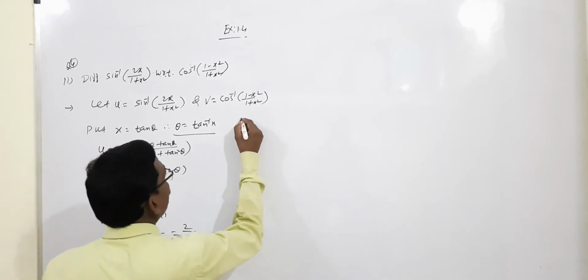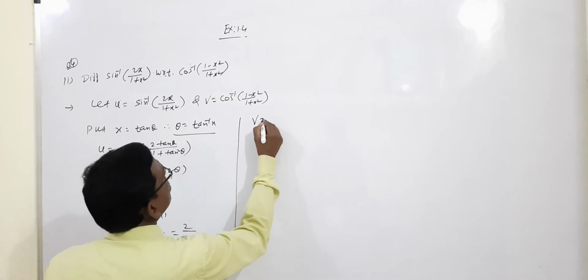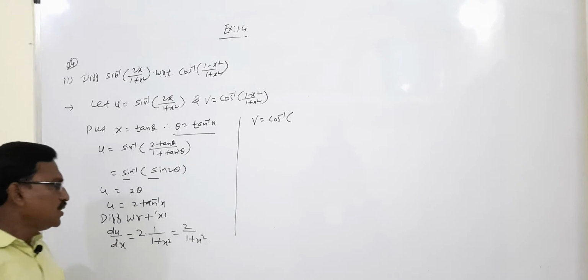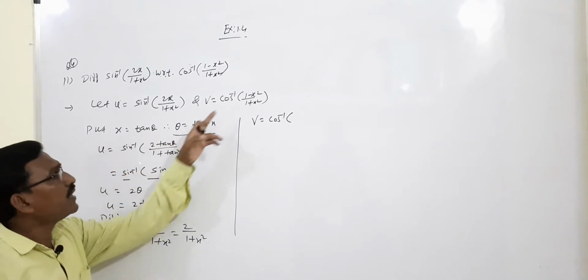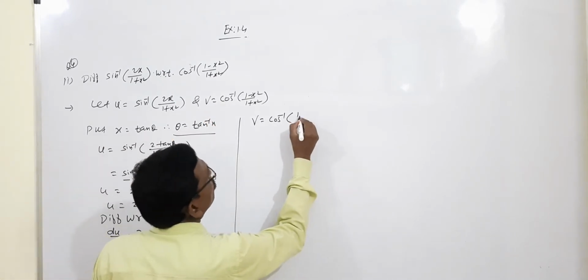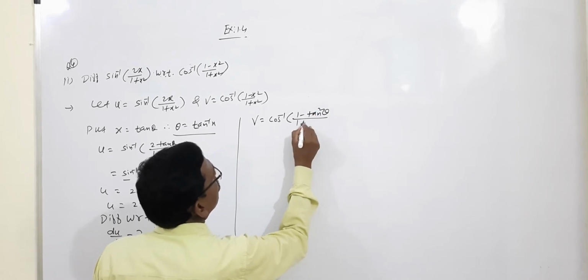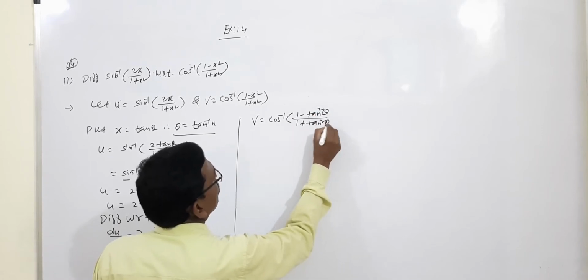Now we take v. The v function is equal to cos inverse of, here again we put x equal to tan theta, cos inverse of (1 minus tan square theta) divided by (1 plus tan square theta).